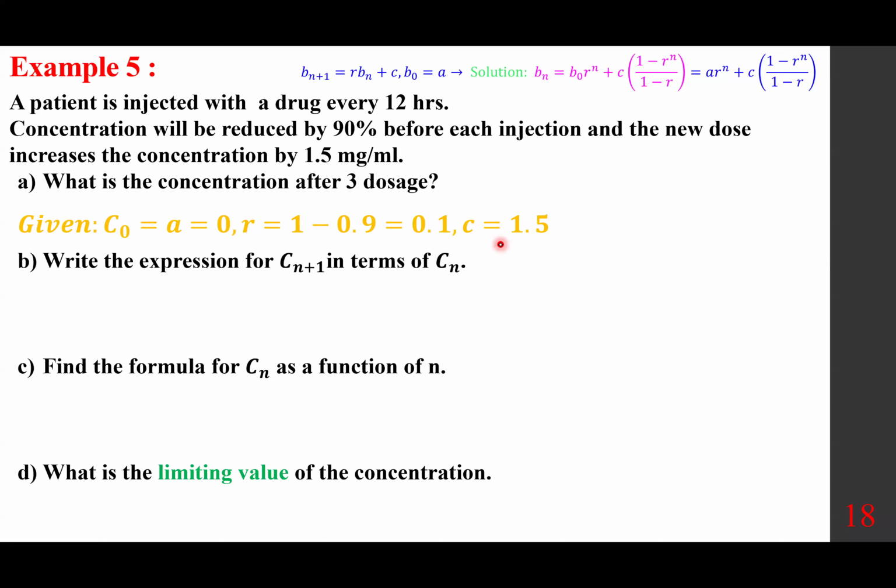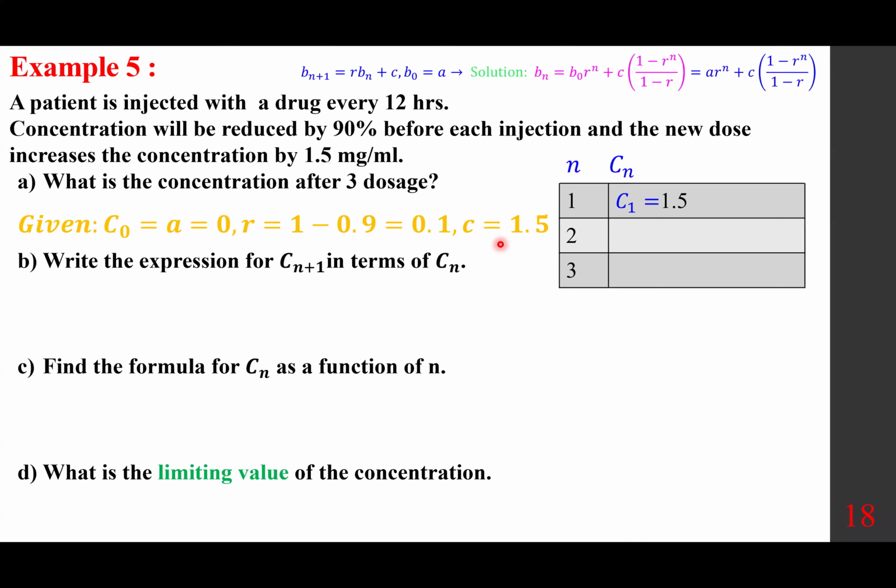So for the first part, let's make up a table. And the first one, C sub 1 is 1.5, right? What is the next one? Well, 10% of this remains, and then we add 1.5. So 1.5 and 10% of that. 10% of 1.5 is 0.15.